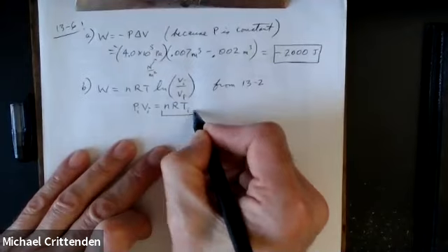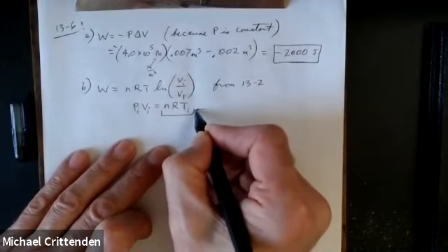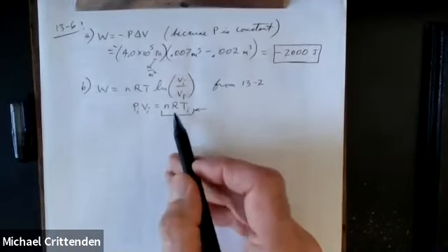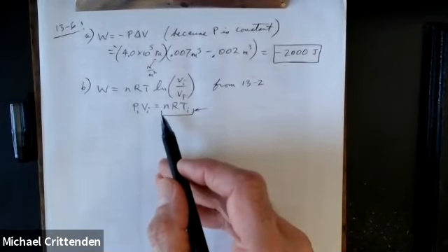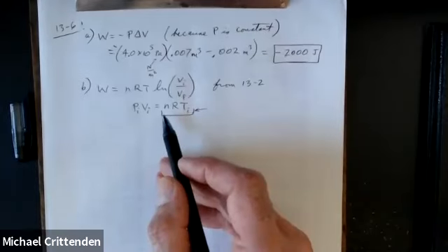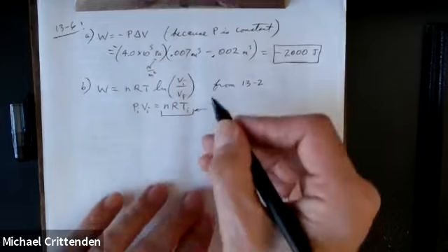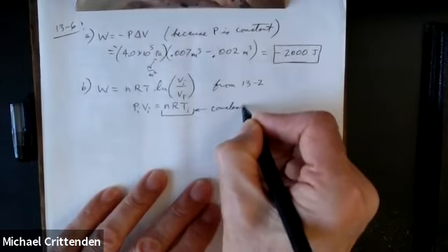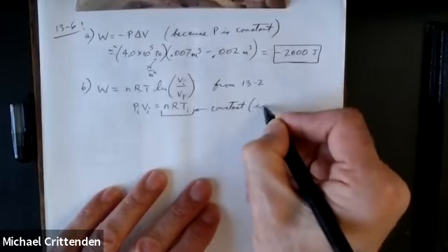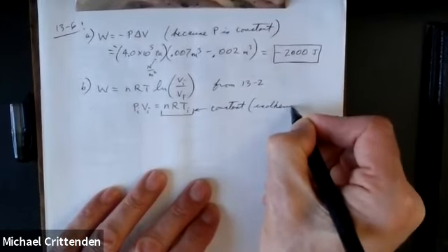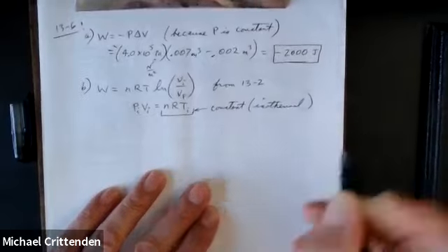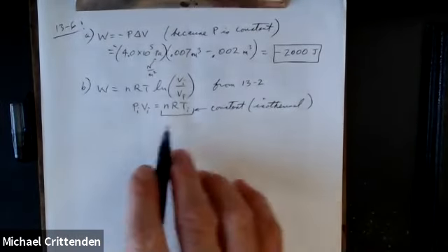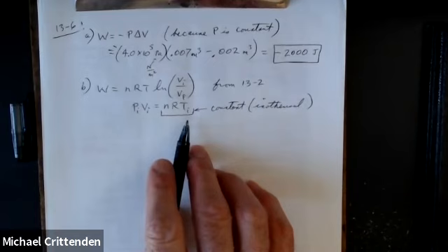Well, the word isothermal means the temperature is constant, and R is always a constant, and n is a constant as long as you don't pump any more gas into the cylinder or let any out. So because it's an isothermal process, nRT does not change.